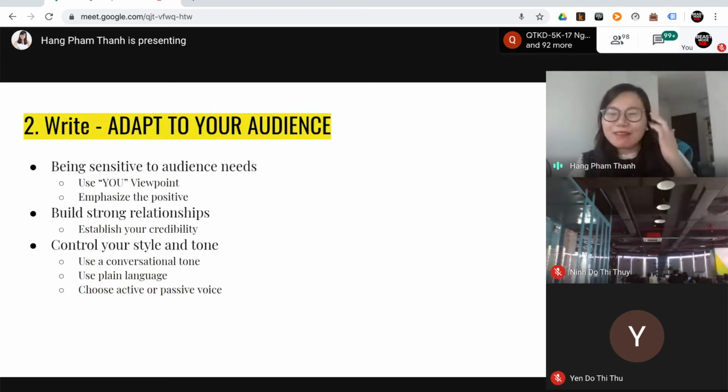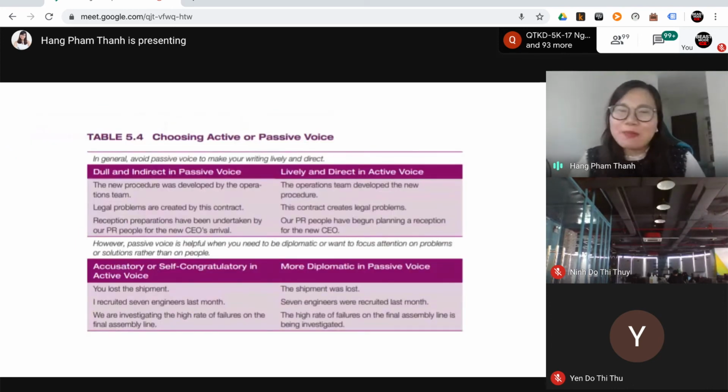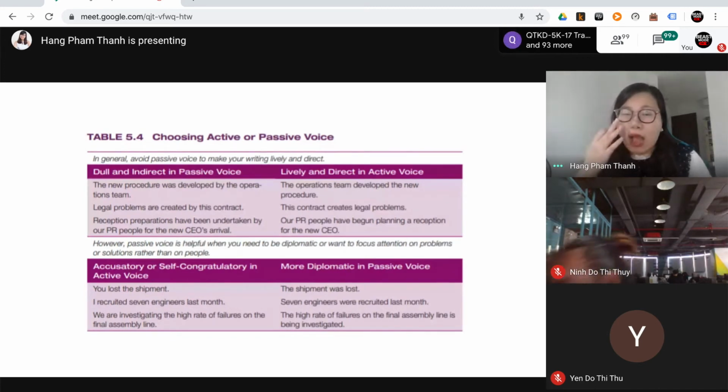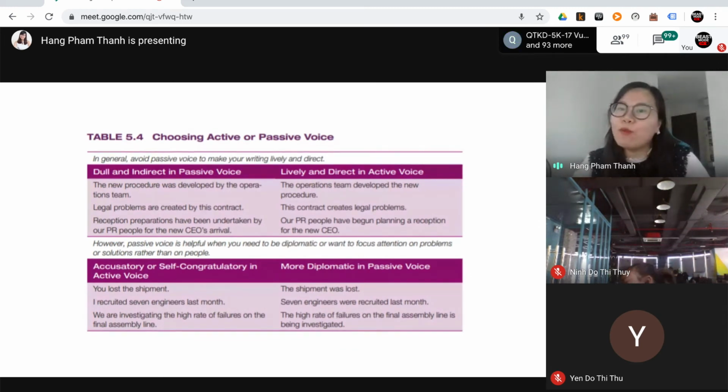Okay, so let's have a look at the recommendation from the textbook. The textbook says that using active voice and passive voice depends on some factors. In general, you don't want to use passive voice, because using active voice will make your writing more lively and direct. However, passive voice is helpful when you need to be diplomatic.